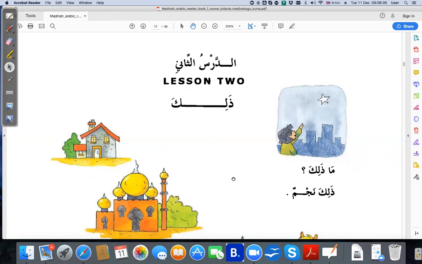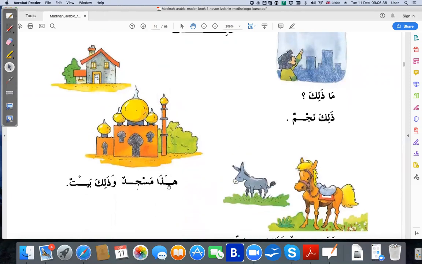Go for بيت and masjid. هذا مسجد. This is a masjid. وذلك بيت, with the conjunction we did in the lesson. This masjid is close to us, and that house is far.